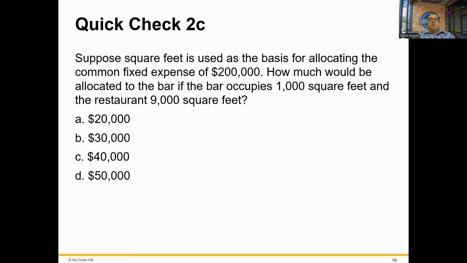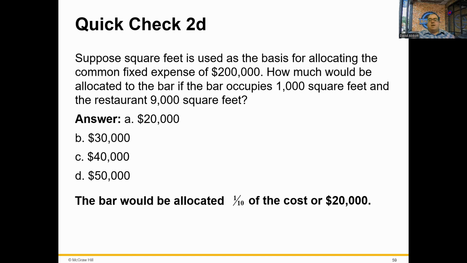Now, suppose that square feet is used as the basis for allocating the common fixed expense of $200,000. How much would be allocated to the bar if the bar occupies 1,000 square feet and the restaurant 9,000 square feet?